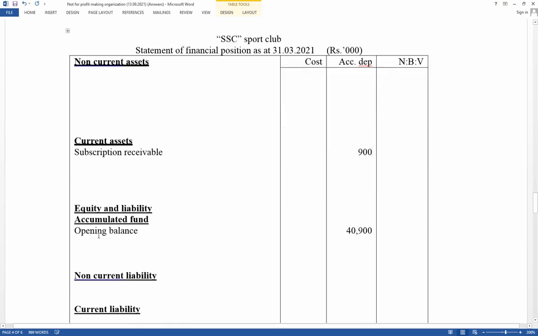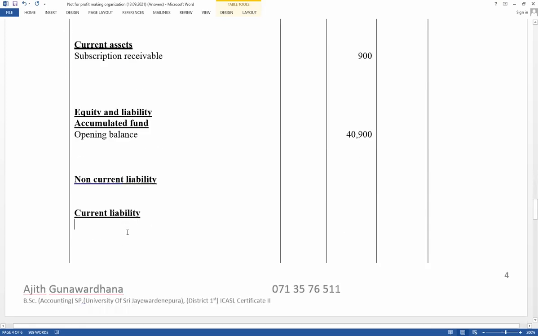Subscription received in advance and accrual electricity are under current liability and should be recorded in the second column. Subscription received in advance 750, and accrual electricity closing balance 700 liability. If closing balance is given, it should be recorded in the financial position also.